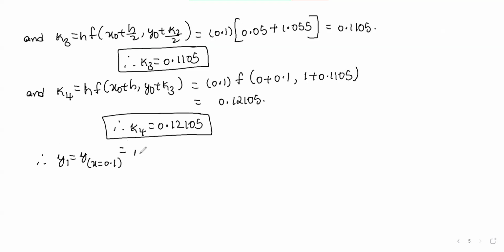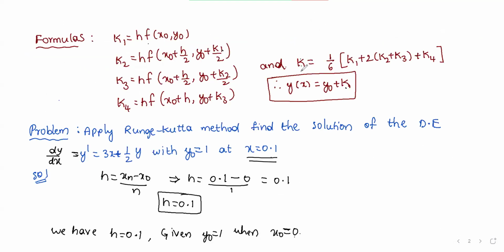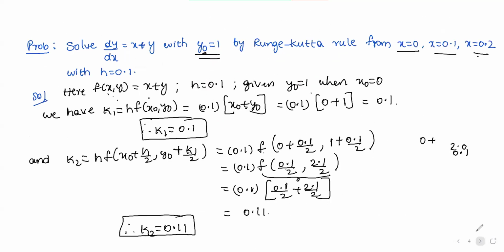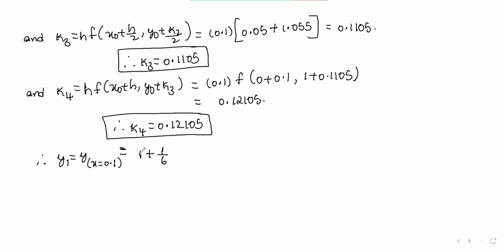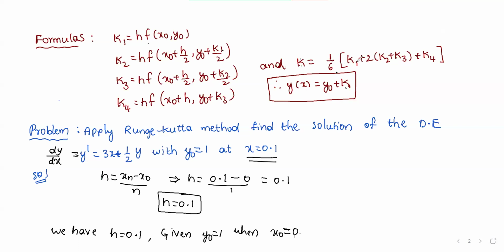That is equal to y0 plus 1/6 formula. మీకు ఫార్ములా ఆల్రెడీ రాసాం కదా ఇక్కడ, k is equal to 1/6 into k1 plus 2 into k2 plus k3 plus k4 రాయాలి. సో ఇక్కడ ఏం రాయాలి, ఇప్పుడు చూడండి జాగ్రత్తగా, 1/6 into so and so, y0 ప్లస్ అని రాయాలి.